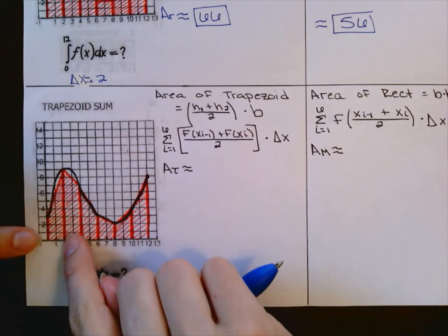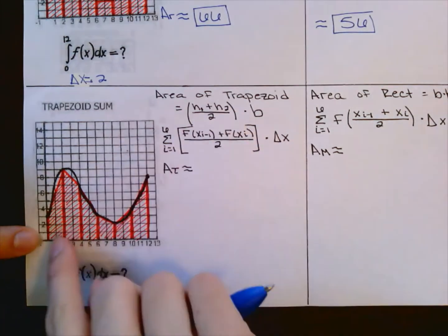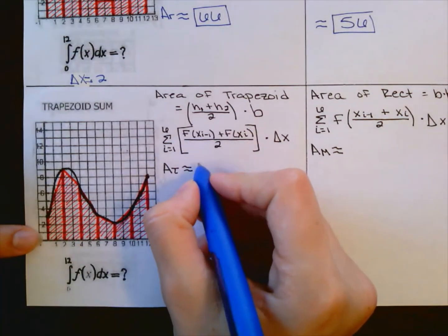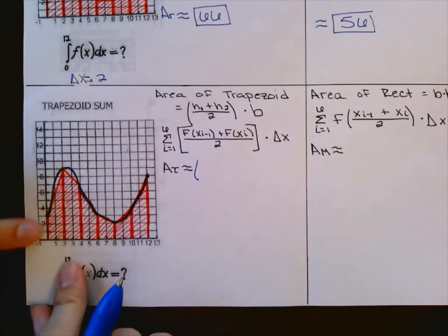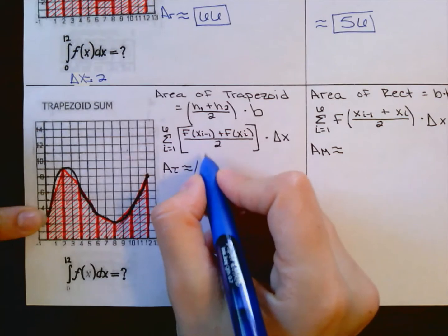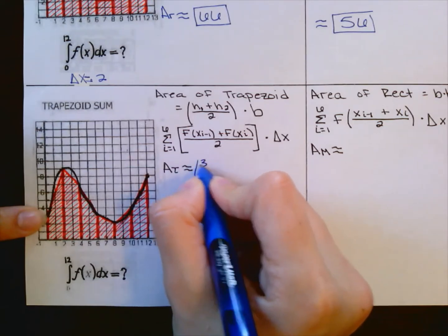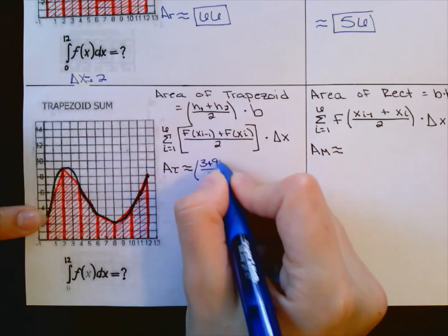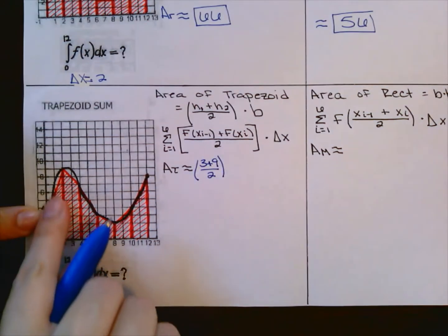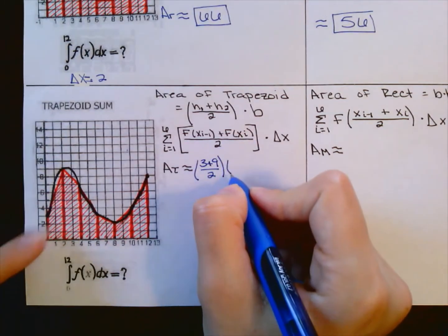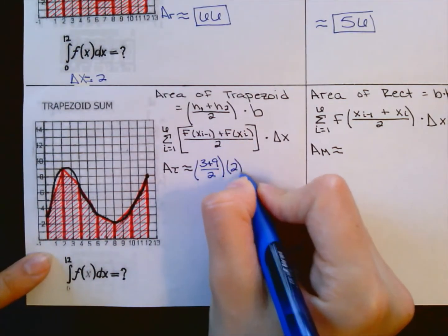So, okay, average of the heights for this first one. This one's a little lengthier, okay, guys? I have a height of 3 here, and then a height of 9. So I have 3 plus 9, and then I'm taking the average of it. That's going to be my height, and then times my base, which is 2.